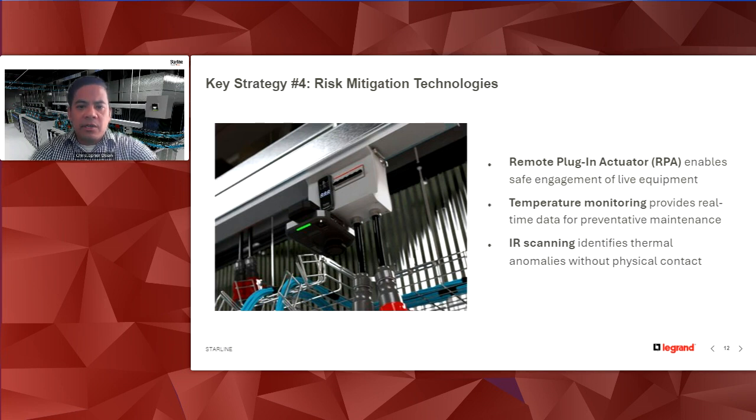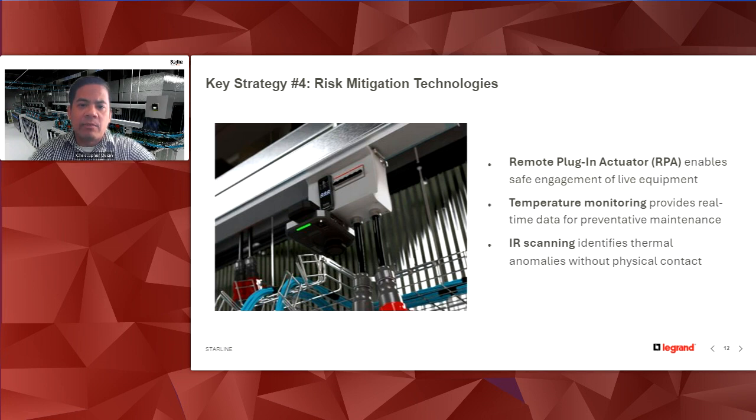And then the second bullet here is really temperature monitoring, but the bigger picture here is environmental monitoring. If you implement some sort of environmental monitoring for our system, it's the temperature monitoring, you can really get ahead of any catastrophic failures before they happen, right? So for the Starline busway system, we can temperature monitor our terminations at the end feed, where we actually power the bus.